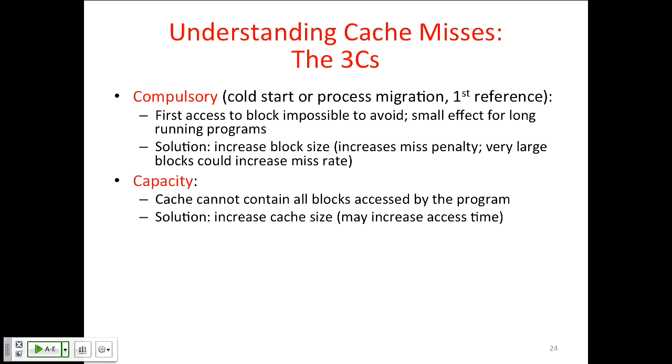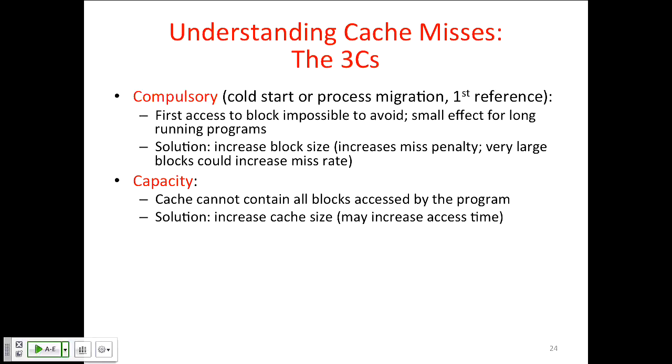The second C is capacity misses. And these are misses you get because the cache simply does not have enough capacity to hold all the data you're working on right now. So if you have a program that's striding through an array that's a megabyte in size and your cache is 4 kilobytes, and you're repeatedly stepping through the whole megabyte array, there's just no way it'll fit in your cache, and so you'll get lots and lots of capacity misses.